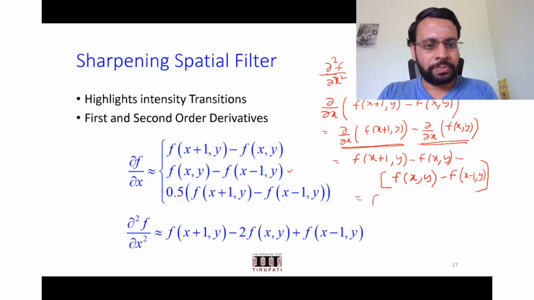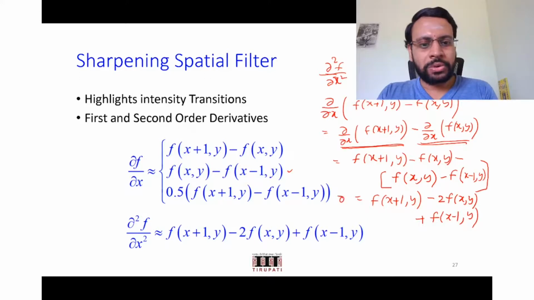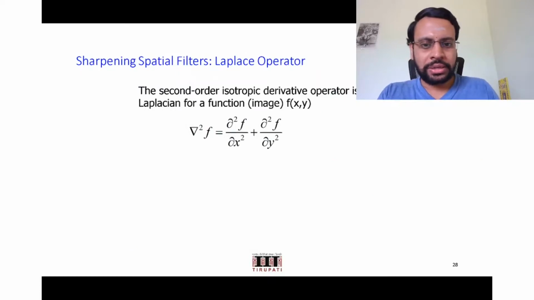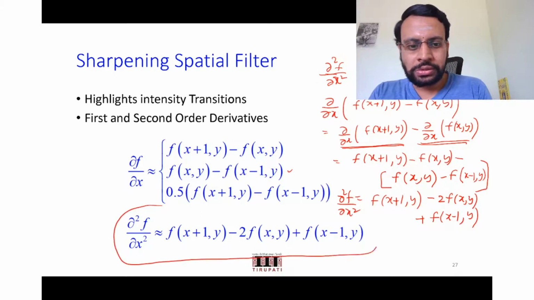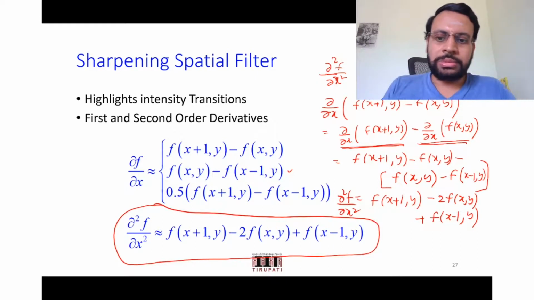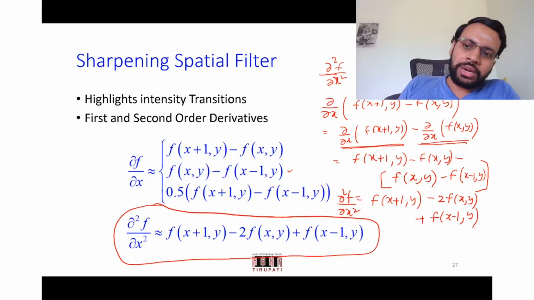So what is this value? f of x plus 1 comma y minus 2 times f of x comma y plus f of x minus 1 comma y. This is my dou square f by dou x square. That's exactly the expression that you would see here, right? Similarly, I could write for dou square f by dou y square.